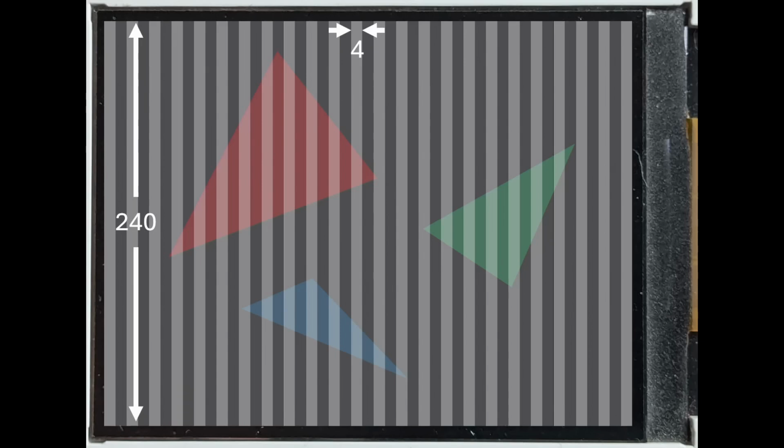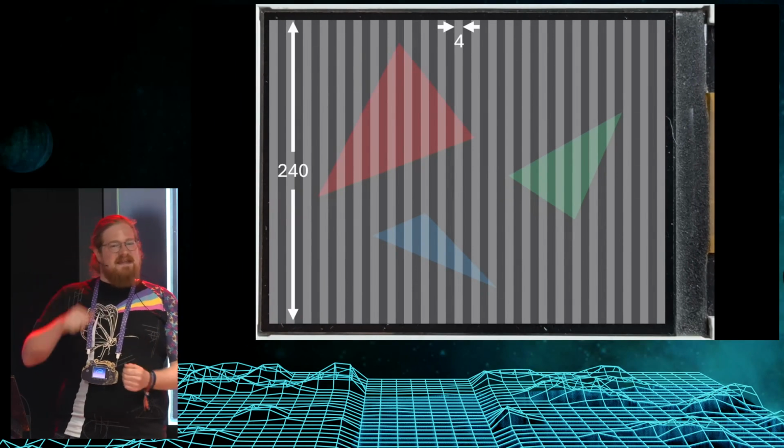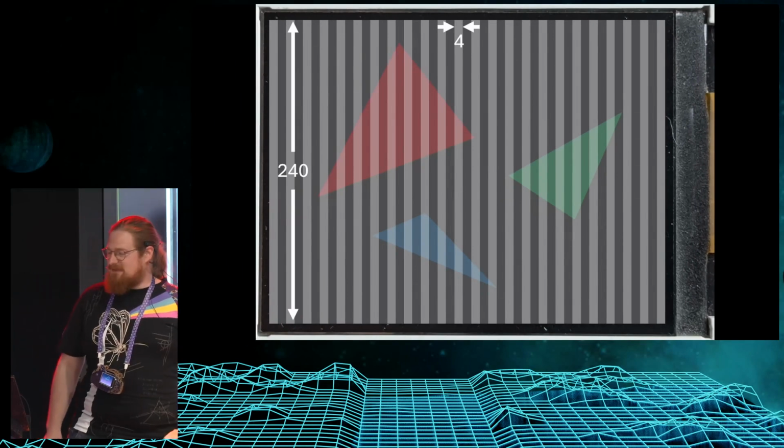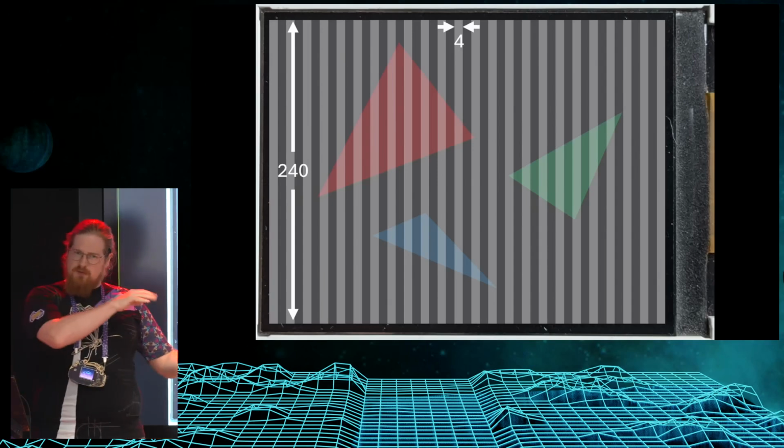Why did I do tall strips instead of wide strips? Well, 240 just fits into 256, and 320 would fit awkwardly in 512. So that's why. And this size fit neatly in that little block RAM that we had. So yeah, little strips.